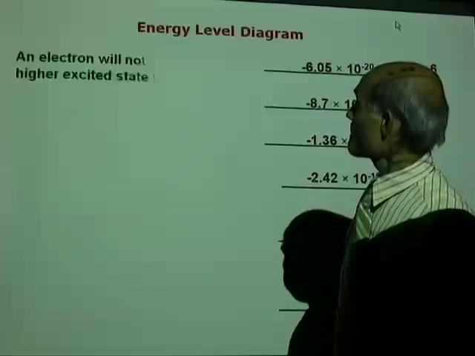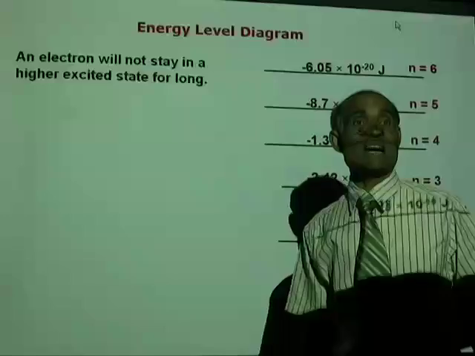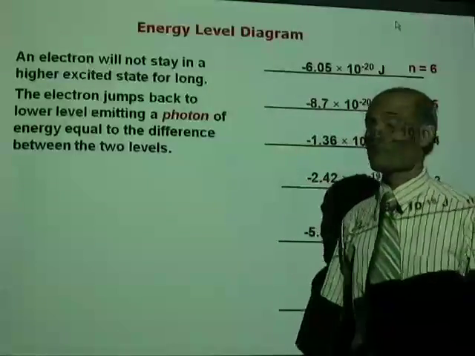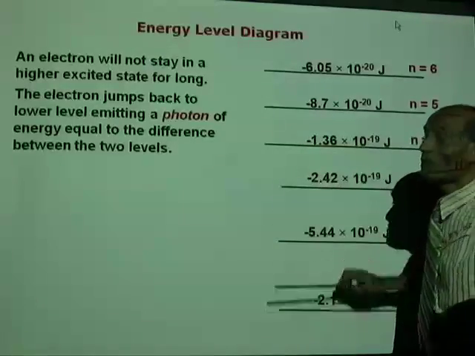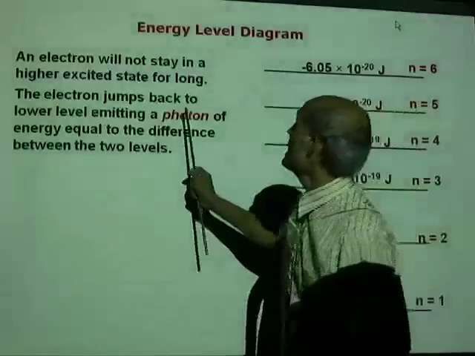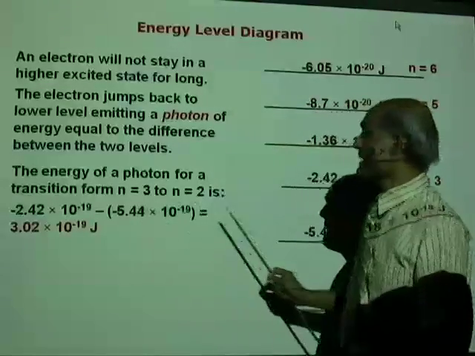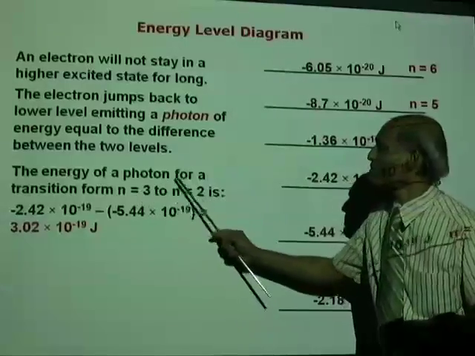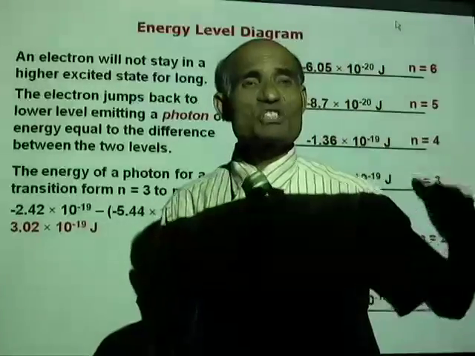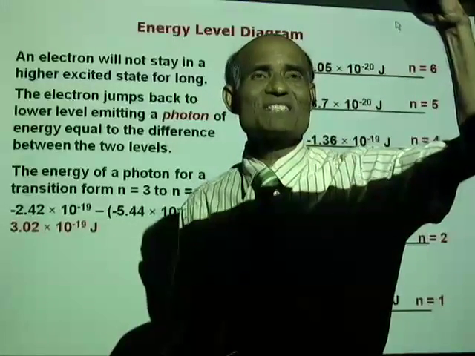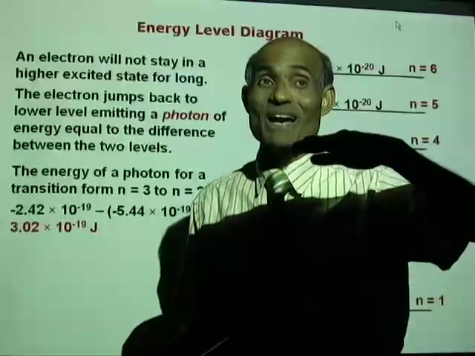Okay. Now, an electron will not stay in a higher excited state for long. We talked about that. An electron will jump from a higher excited state to a lower state by emitting a photon of energy. Now, if an electron jumps from n equal to 3 to n equal to 2, now tell me, if you remember, electron transitions from higher excited state to n equal to 2 is our visible light, isn't it?